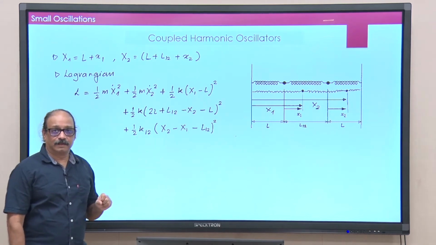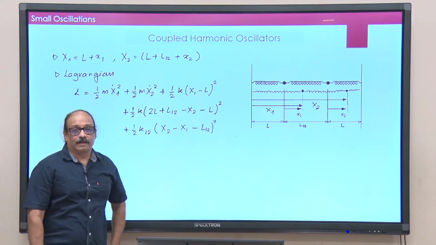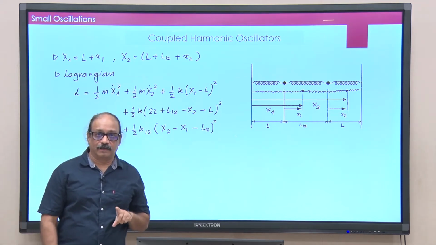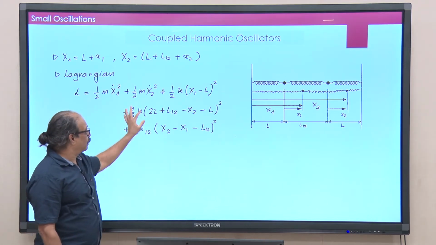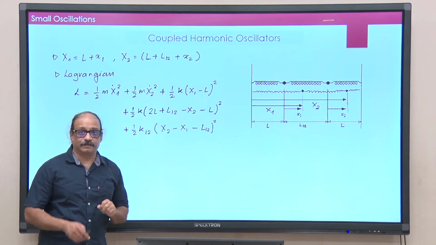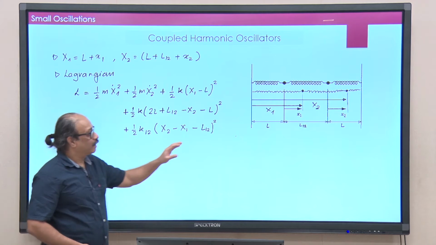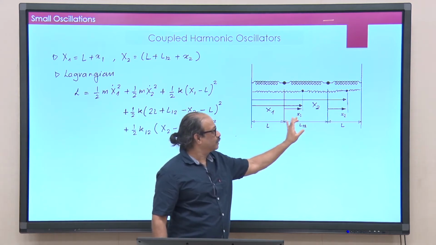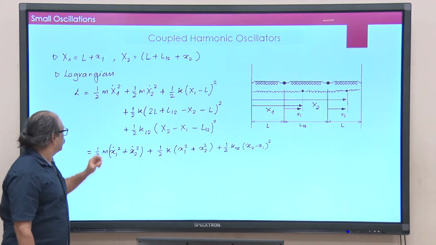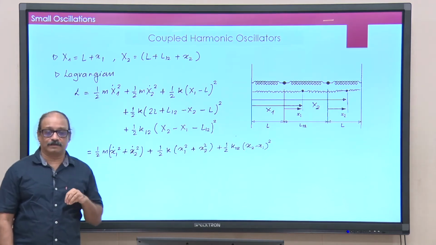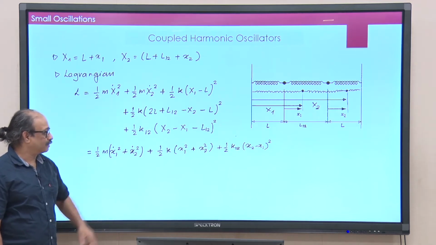Convert this to small x1 and small x2. Now, capital X1 dot is the same as small x1 dot, and you can write all of these in terms of the deviations from the equilibrium positions, that is in terms of small x1 and small x2. So, the Lagrangian in terms of the generalized coordinates small x1 and small x2 looks something like this.